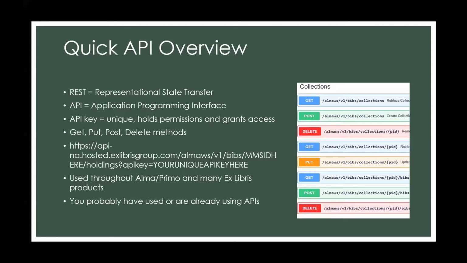So you can see that Ex Libris has APIs throughout Alma and Primo, but then also many of their other products. And you have probably either already used the APIs during your migration, or you are already using them if you are post-migration.